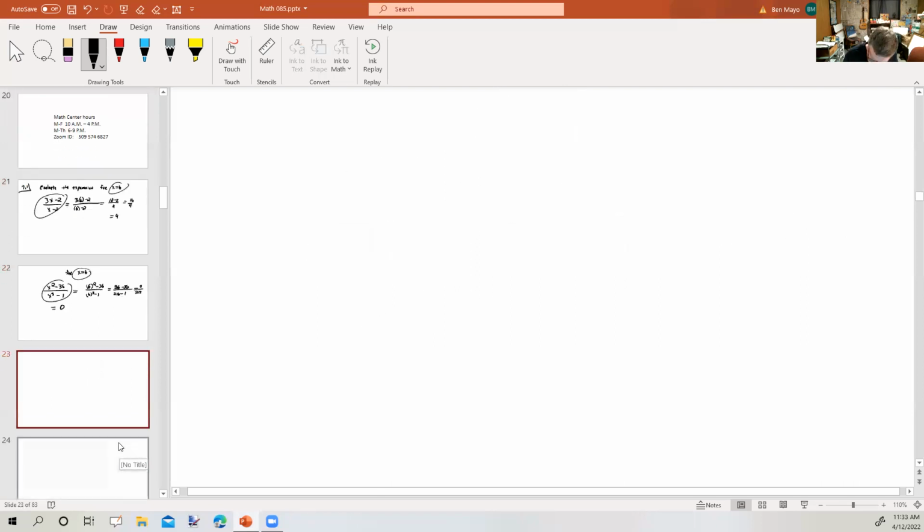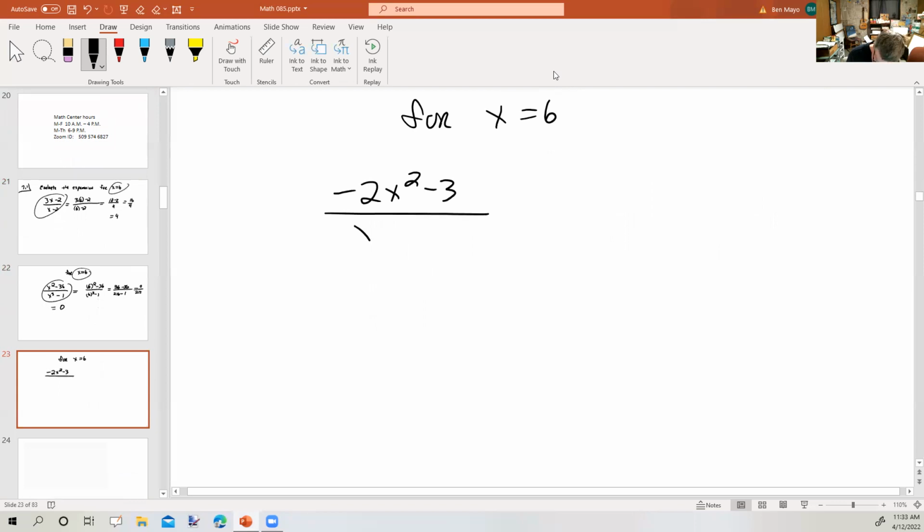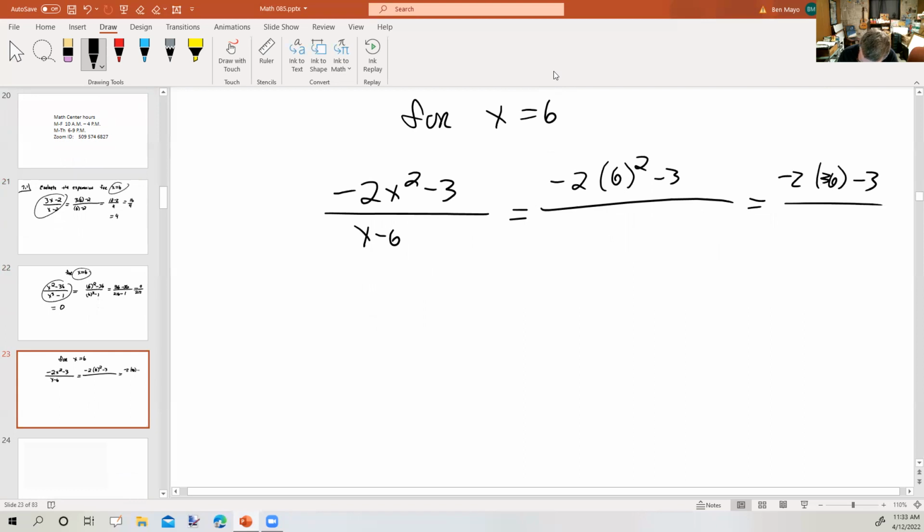All right. Third expression. Again, we're going to evaluate this expression for x equals 6. And the expression is (negative 2x squared minus 3) over (x minus 6). So in the numerator, we have negative 2 times 6 squared minus 3, which is negative 2 times 36 minus 3, which is negative 72 minus 3, which is negative 75.